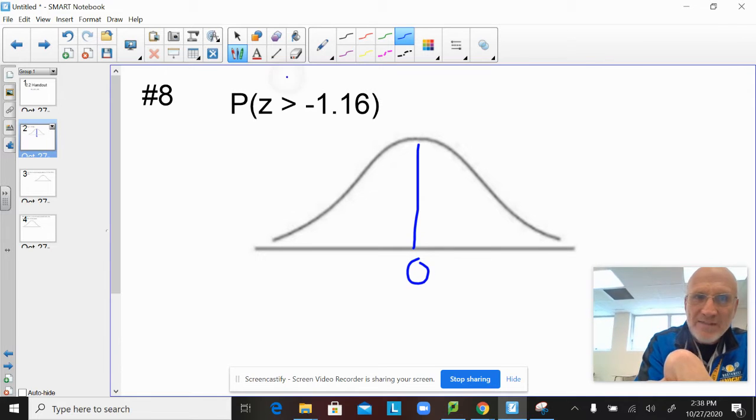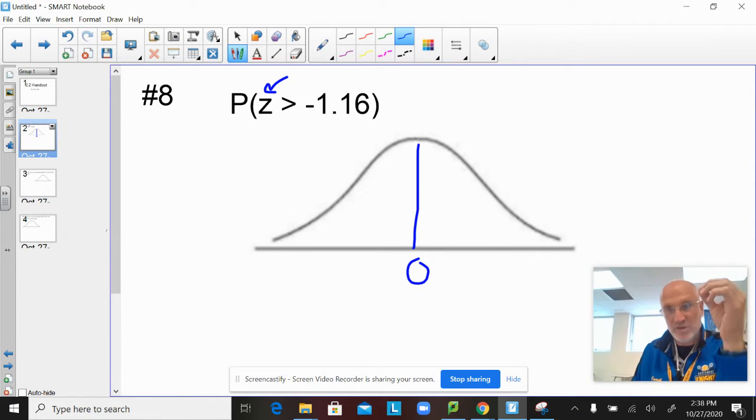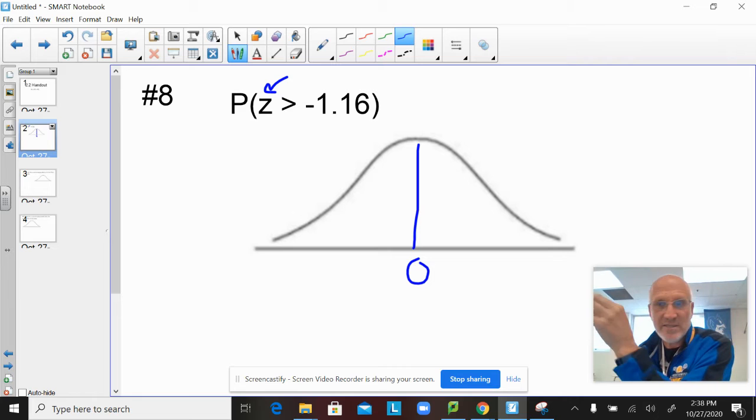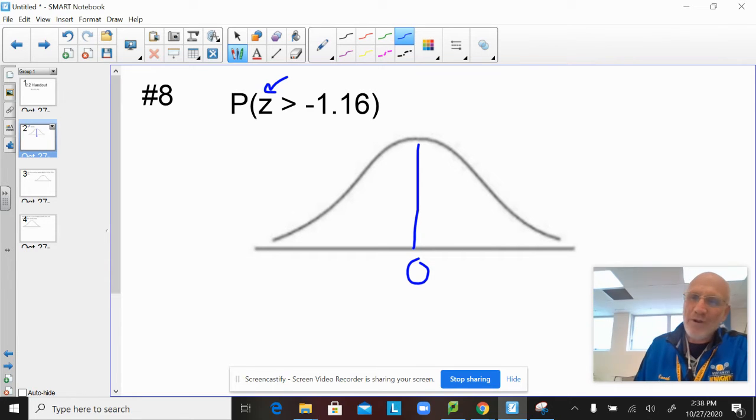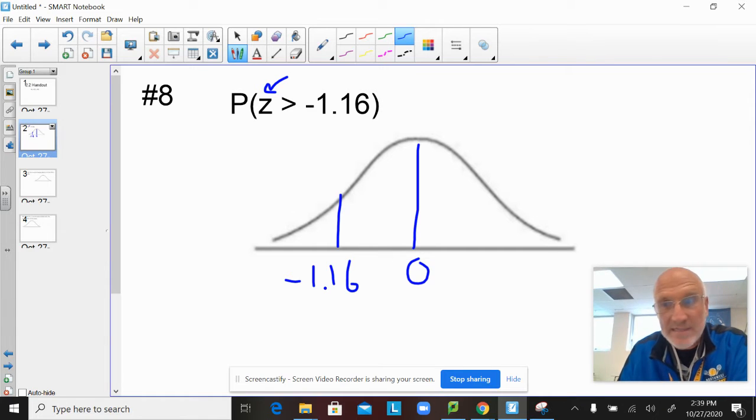And the fact that it says a z and not an x, you need to know that those are z-scores, which means standard normal. I want to know the probability that a z-score is greater than negative 1.16. Any negative z-score is a number below the mean, so somewhere over here I've got negative 1.16. It doesn't have to be crazy accurate, just on the correct side of 0.